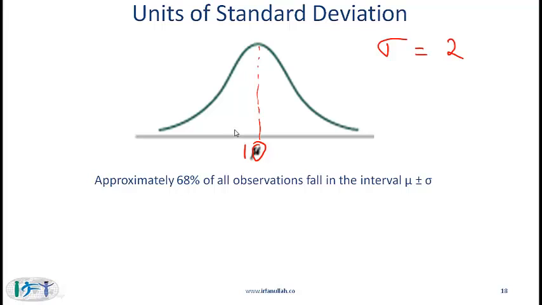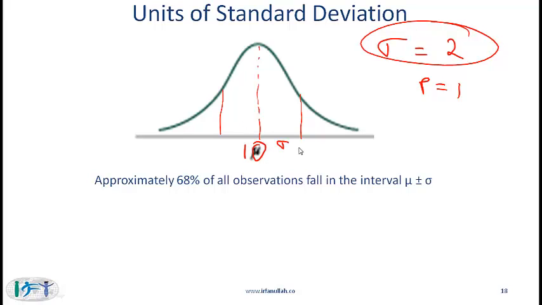Then what we are saying is that if the total area under this curve, or total probability, is equal to 1, then 68% of the data will fall within 1 standard deviation of the mean. 1 standard deviation is equal to 2 in this particular distribution.